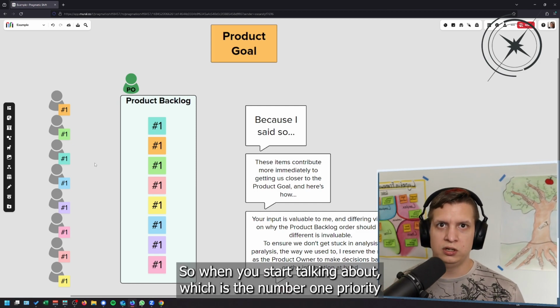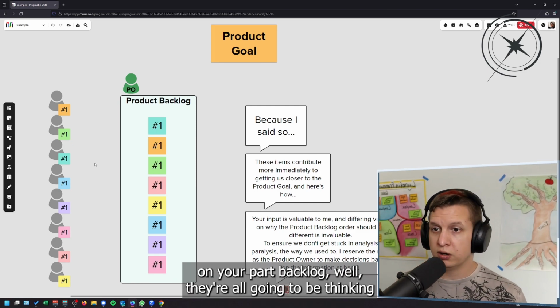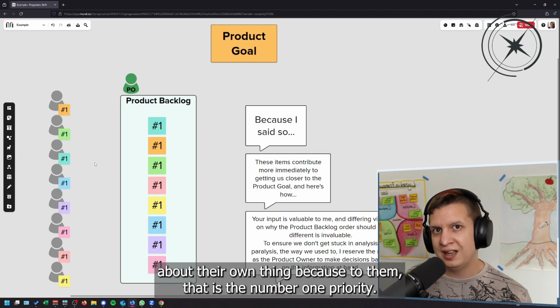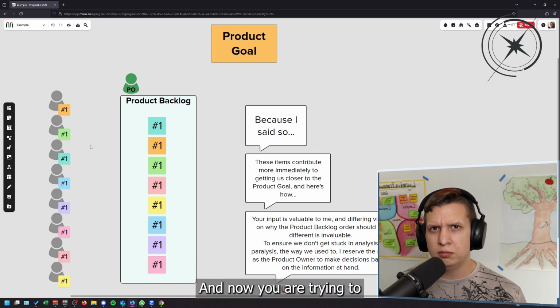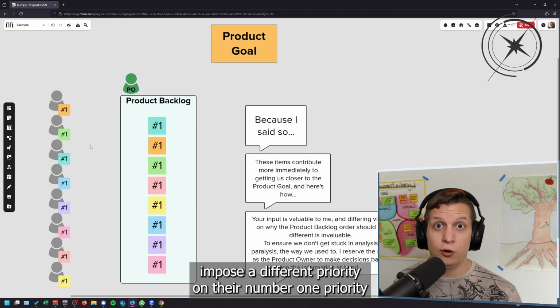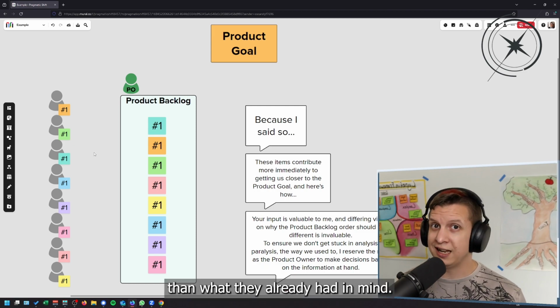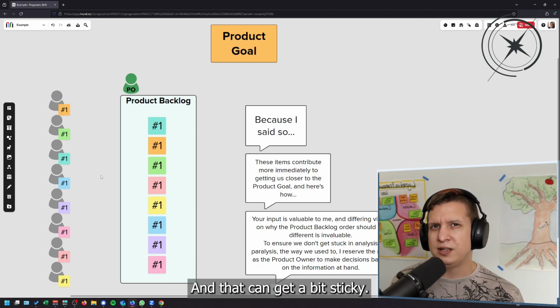So when you start talking about which is the number one priority on your product backlog, they're all going to be thinking about their own thing, because to them, that is the number one priority. And now you are trying to impose a different priority on their number one priority than what they already had in mind. And that can get a bit sticky, right?